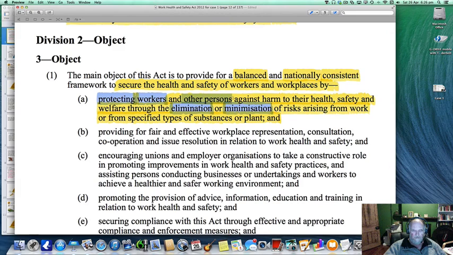The trouble with all of these things, you end up underlining everything. Against harm to their health and safety and welfare through the elimination or minimisation of risks arising from work or from specified types of substances or plant.